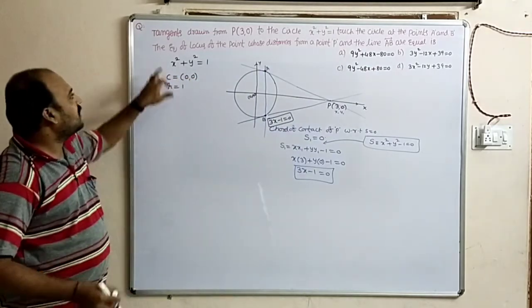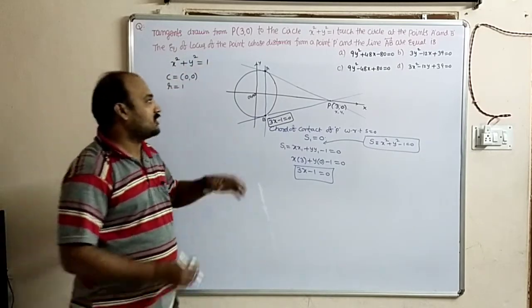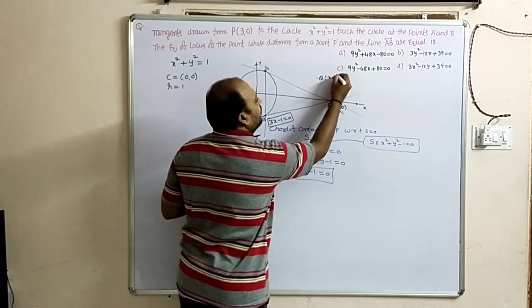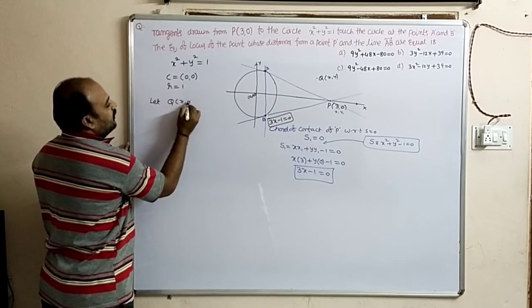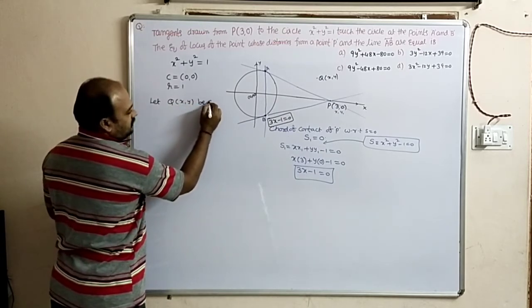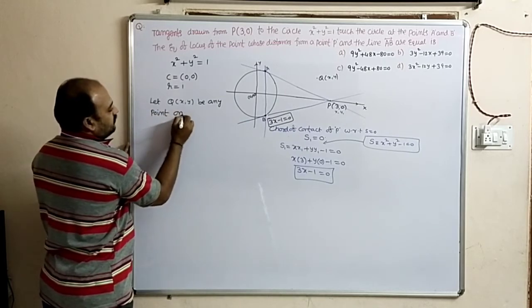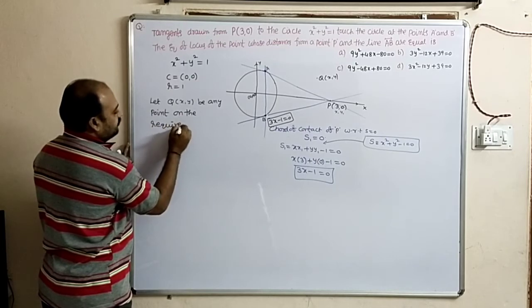Now come to the question. The equation of the locus of a point. We have to assume one point on the locus. So here I am taking the point Q of (x, y). Let Q of (x, y) be any point on the required locus.